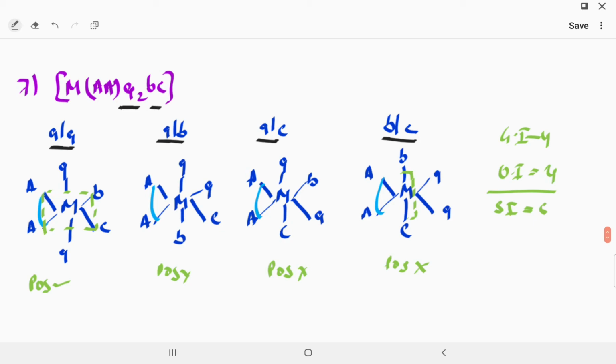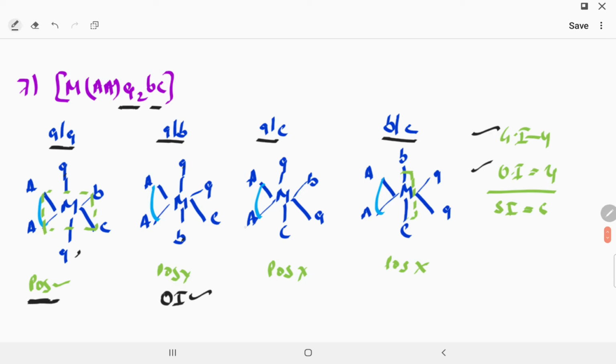So total geometrical are 4, and total optical are 4. How, sir? In the first one, AA trans, this green dotted line is a POS plane, so it will show the POS plane. In the second one, AB is trans. This A and B are trans. So they will not show the POS plane. So they will show optical isomer also.